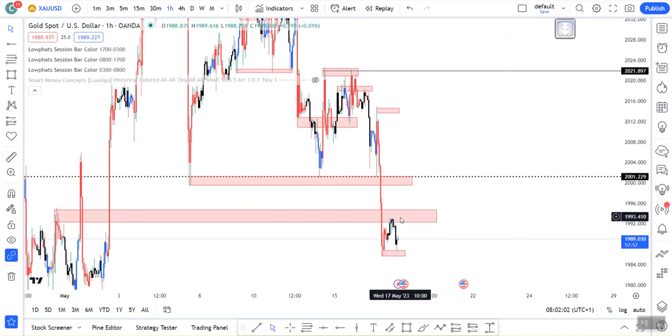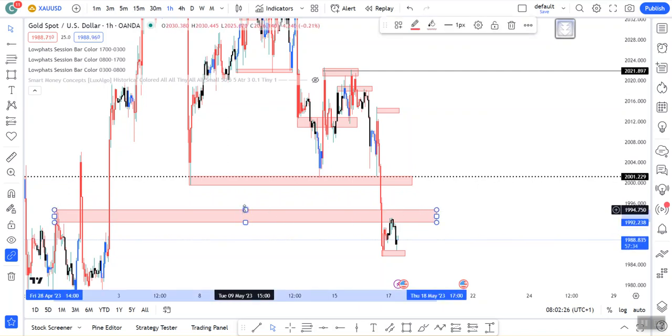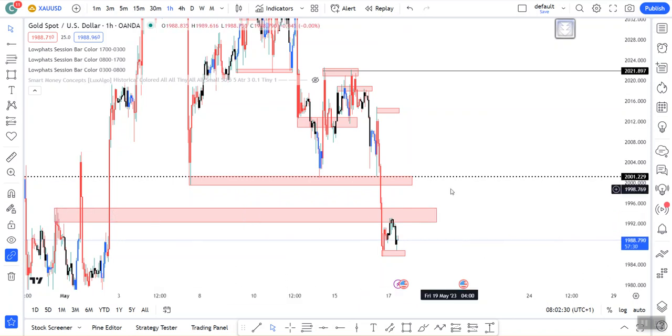Depending on the reaction in this zone, when the market comes and reacts, I would take a trade down, then I'll put my stop loss above this zone. I'll take my stop loss above this zone.